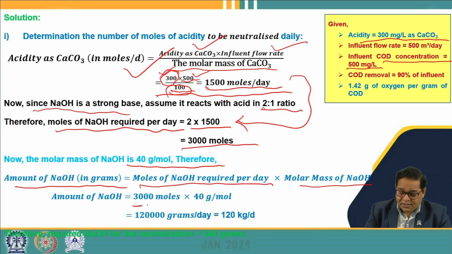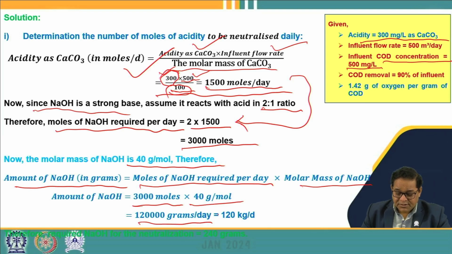This will give us around 1,20,000 grams per day of NaOH requirement, which in a bigger unit comes to 120 kg per day. So this is how we can calculate how much NaOH will be required for neutralization of this wastewater.